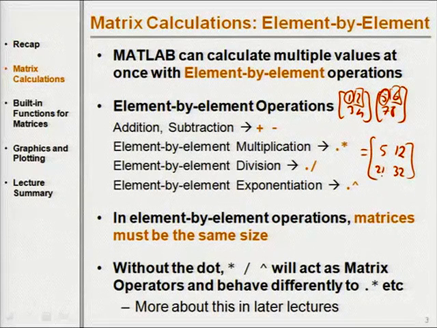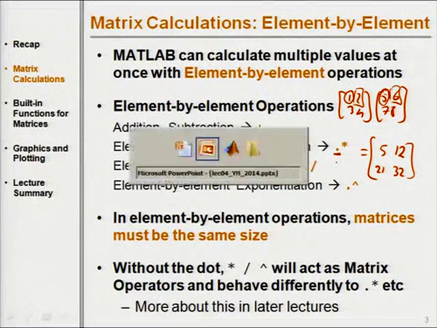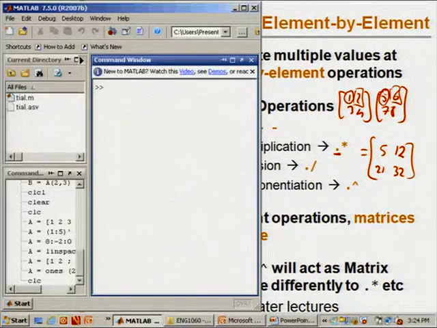So we want each element to multiply by the corresponding element, we need to use a dot in front of the multiply. So when you do the element-wise multiplication, you need to use a dot operator.